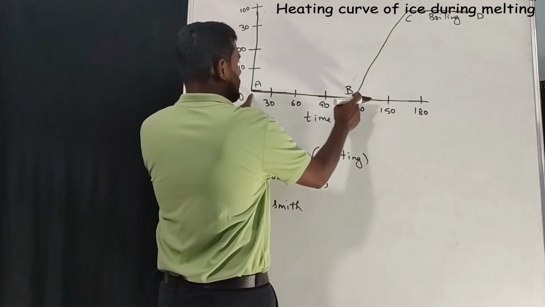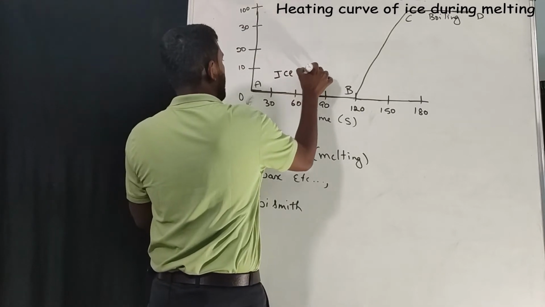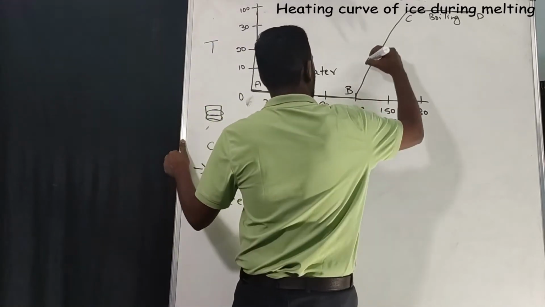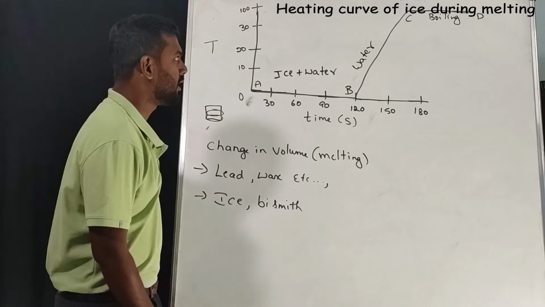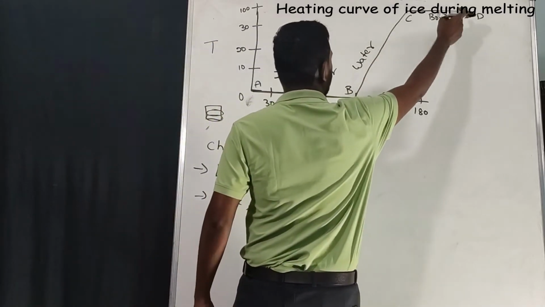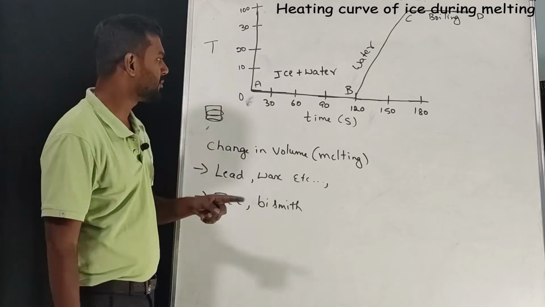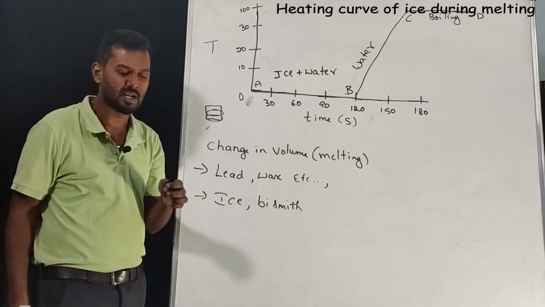So from this point to this point, we have both ice plus water. At this point, the complete ice is converted into water. So here it will start boiling at 100 degrees Celsius. Keep that in mind. This is the heating curve of ice.